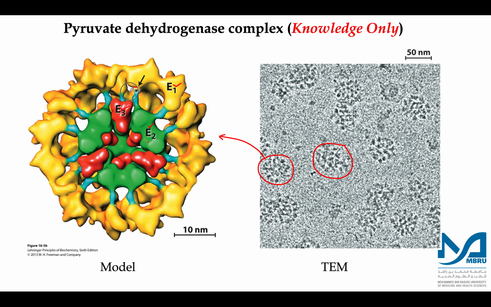And this star here denotes the binding site for the most important cofactor, lipoic acid. So lipoic acid is one of the essential cofactors required for the function of the pyruvate dehydrogenase complex.